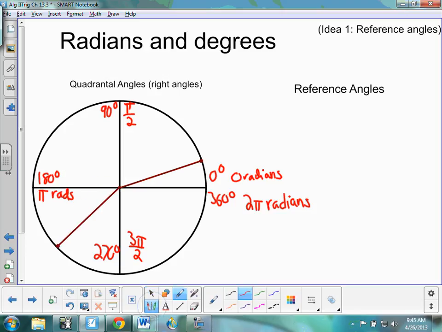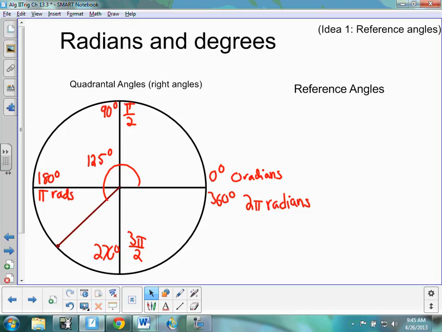What would its reference angle be? What's the corresponding angle in the first quadrant? I'm sorry, 225. Thank you. 225 degrees.